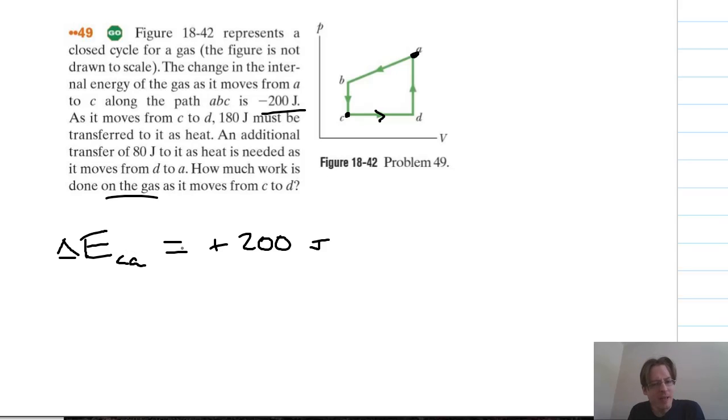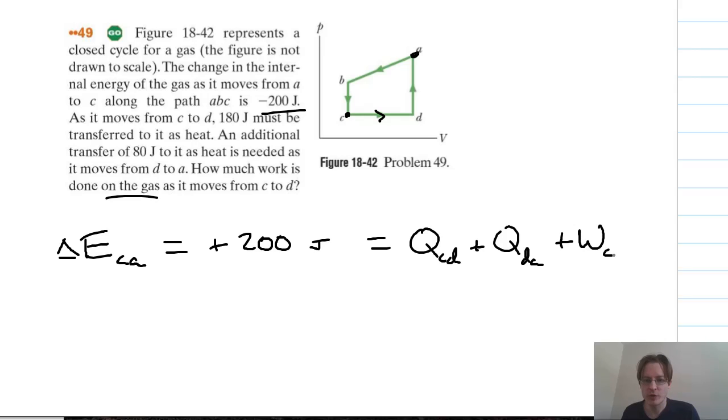Now, on the other hand, this is equal to the heat plus the work in going C to A. Okay, so I want to know the work C to D. So I'm going to take the lower part of the cycle. The Q will be QCD plus QDA plus the work CD, which I'm trying to solve for, plus the work DA.